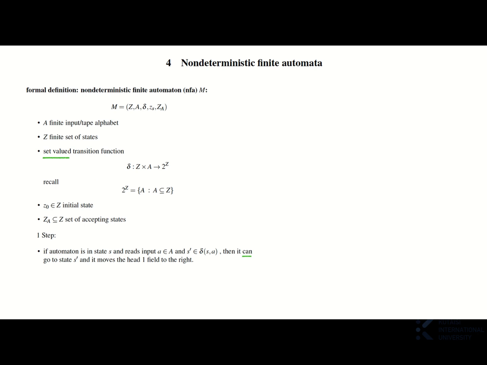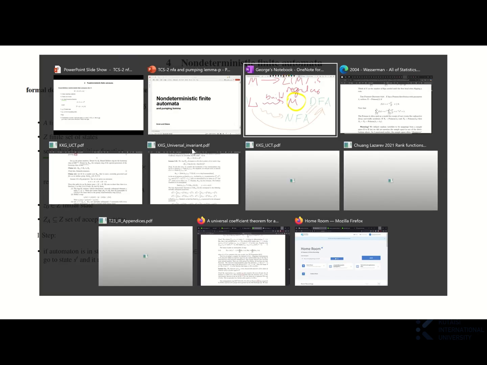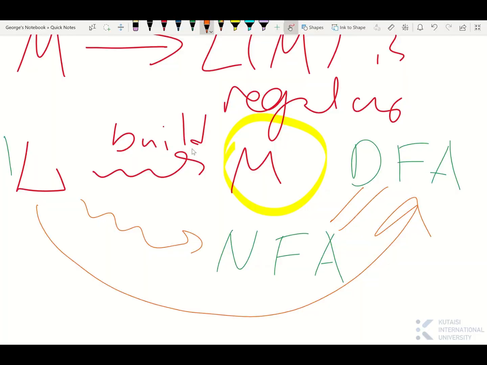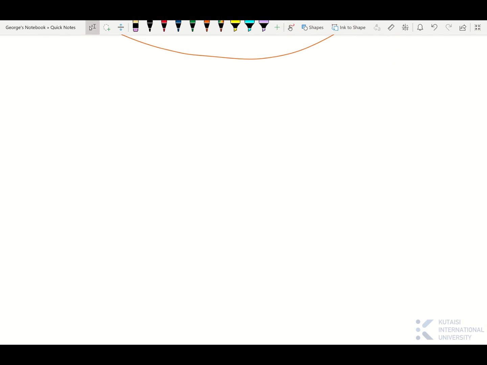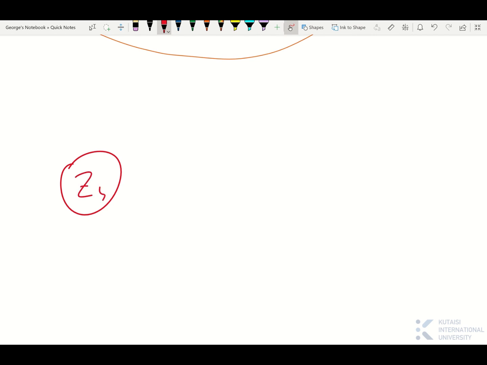So should we dive into a definition first, or should we actually give an intuition? Let's give an intuition. So the non-deterministic automaton will be something like this. In a DFA, let's say you have a state like this, let's say Z5, maybe a start state, whatever.